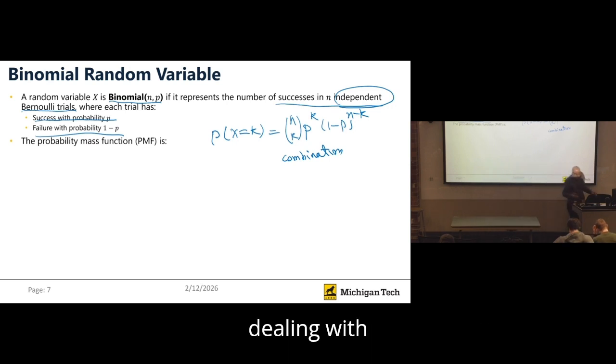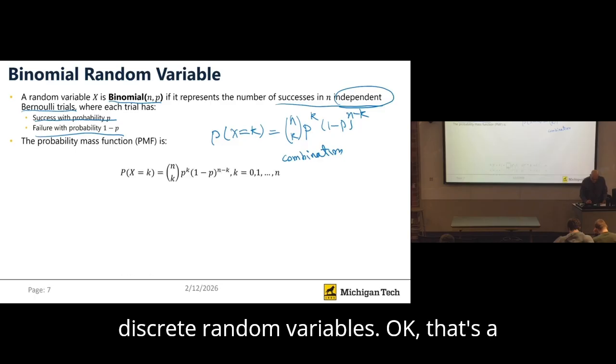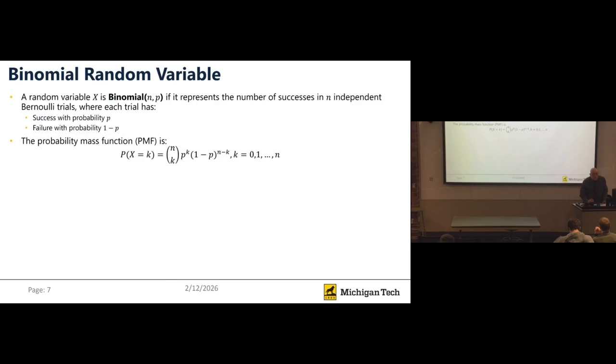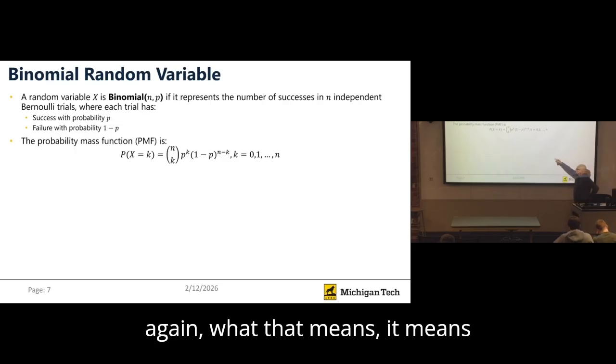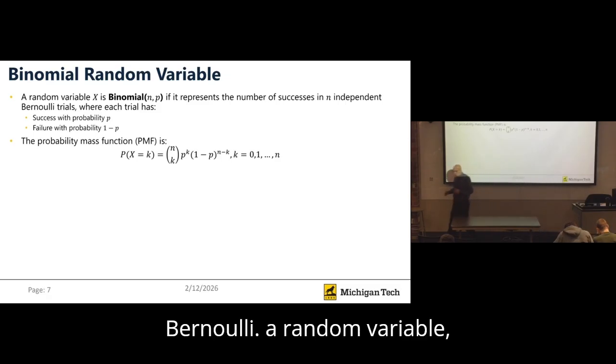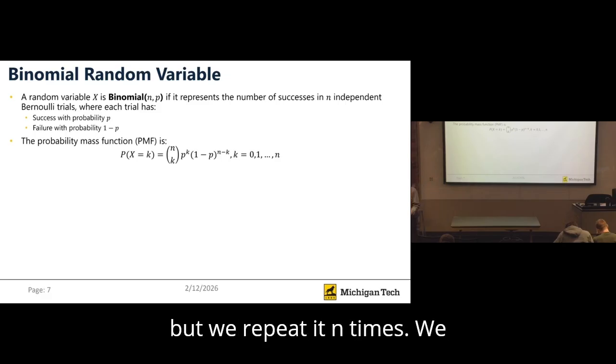Still we are dealing with discrete random variables. Okay, that's a cleaner version of that. So again, what that means is we are doing a Bernoulli random variable, but we repeat it n times.